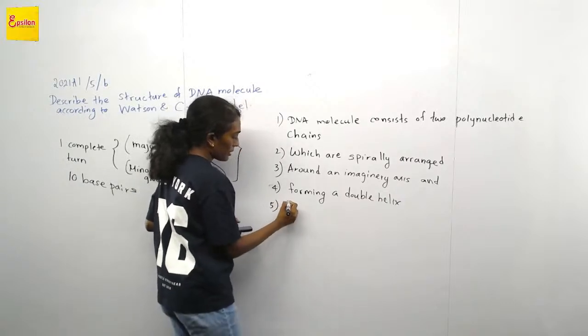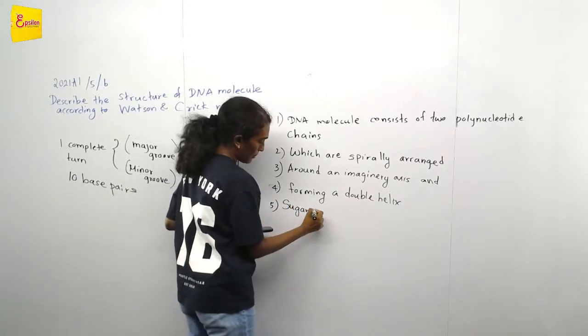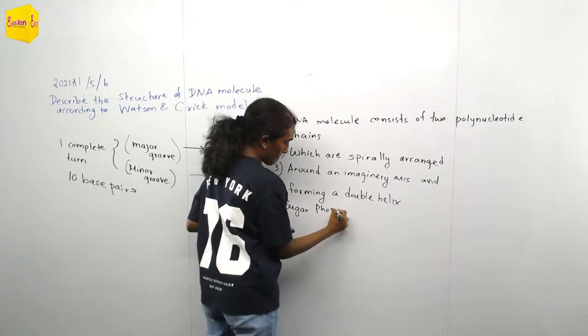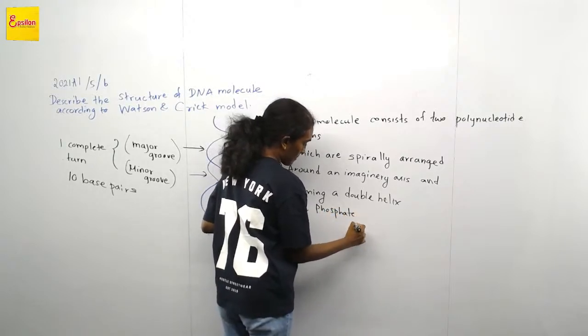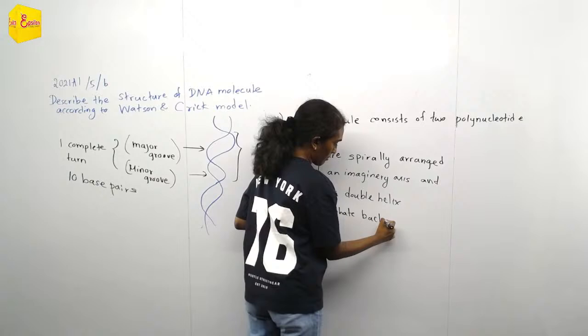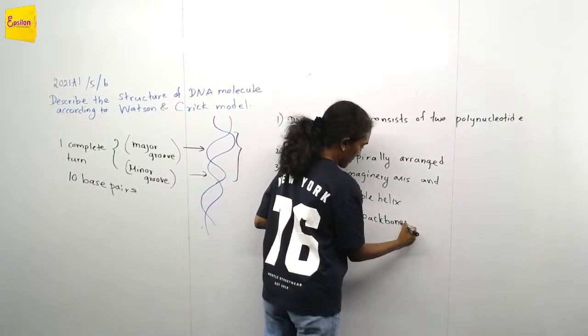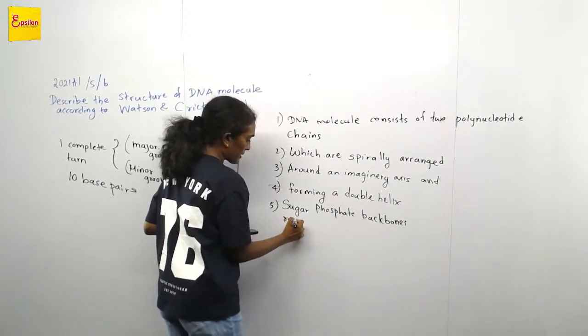Number 5, sugar phosphate backbones run in opposite directions.